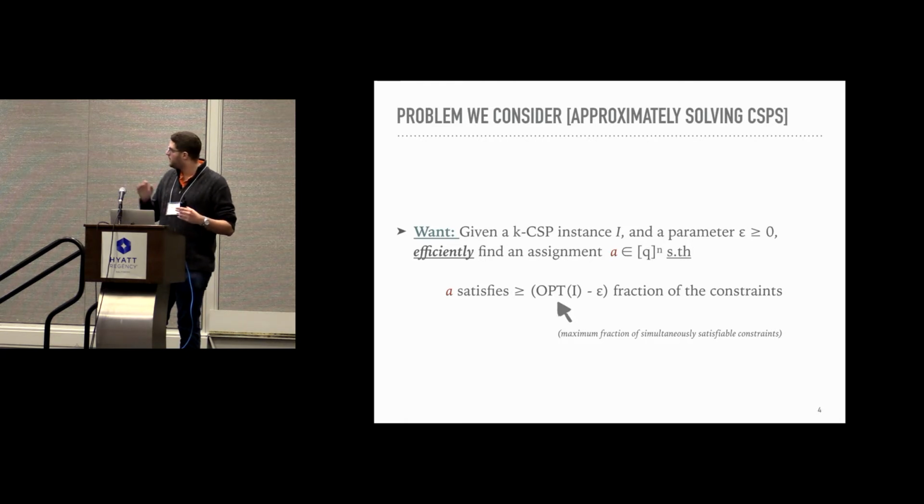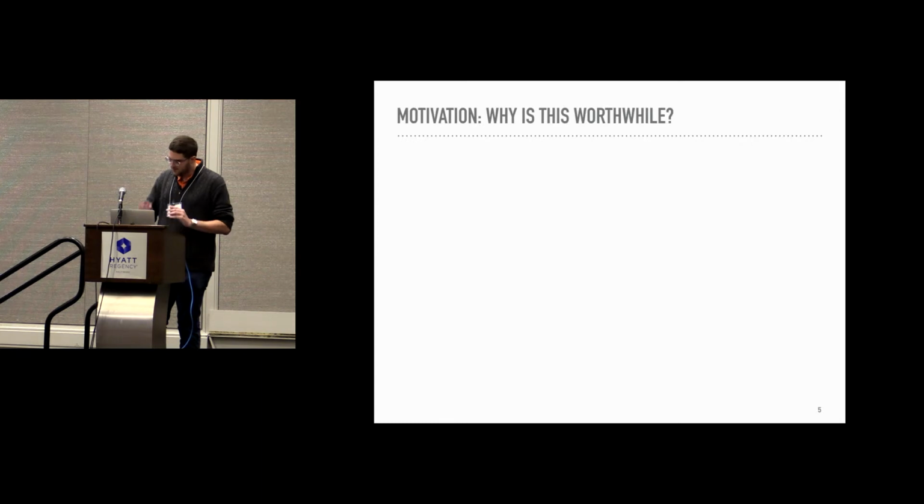So I'm going to write opt for this, and I want to satisfy opt minus epsilon fraction of the constraints. And efficiency is a theoretician's efficiency, so polynomial time, but something like n to the 1 million is perfectly fine, even though nobody in their right mind would consider that efficient. But this is the game.